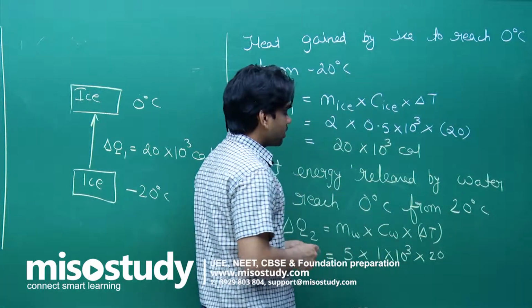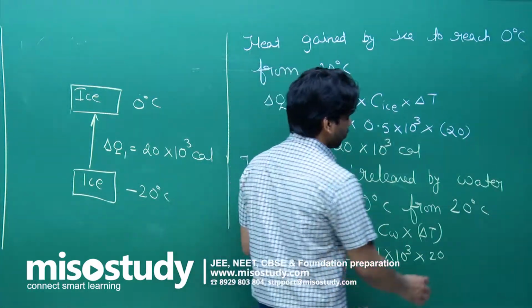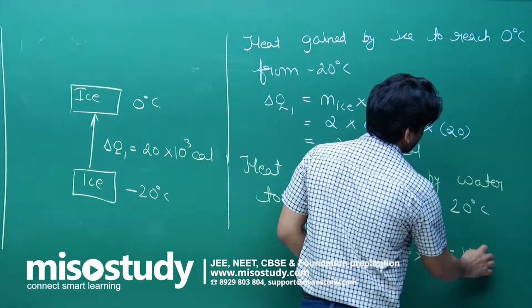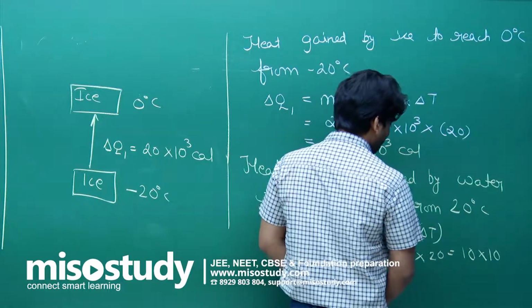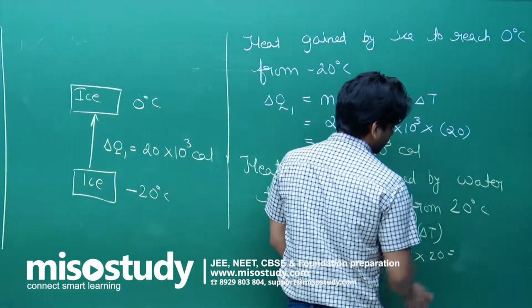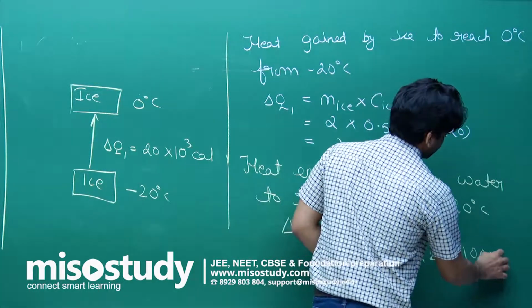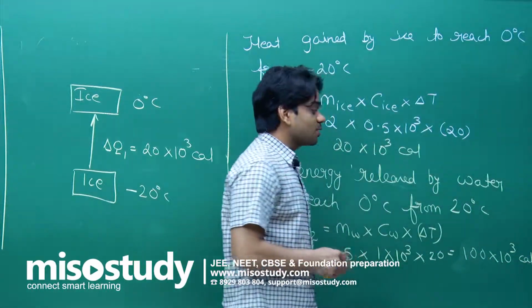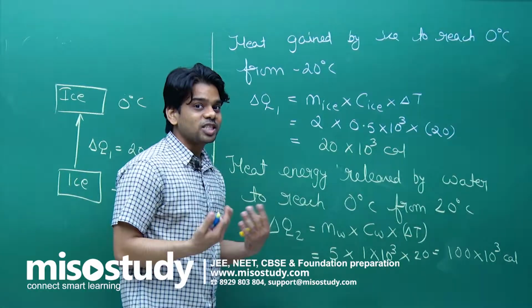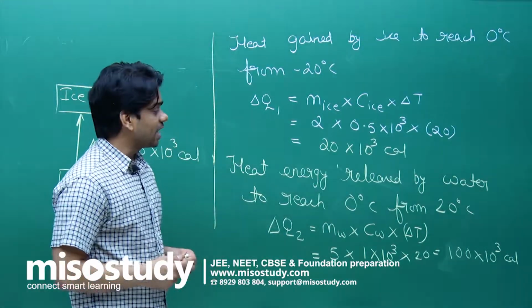So it will come out to be 100 into 10 to the power 3 calorie. This much is the heat energy released by water to reach 0 degrees Celsius.